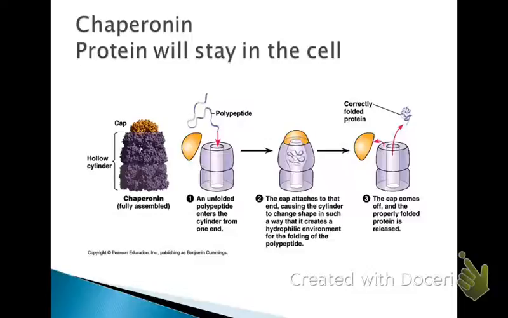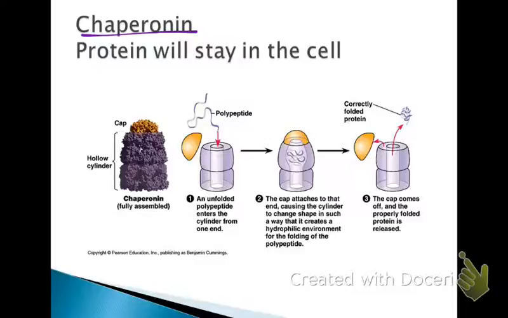Okay, the last thing is the post-translation modification. So this is how we have to modify the protein to make sure that it's able to go out into the world and do its job like it needs to, okay? So one of two things can happen. Either it can enter a chaperonin, which if you think of the word chaperone, a chaperone is somebody that makes you behave and do what you're supposed to do, okay?